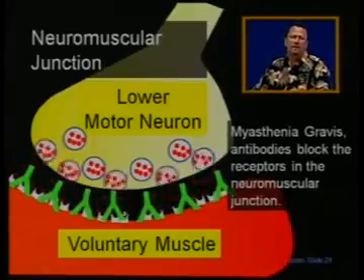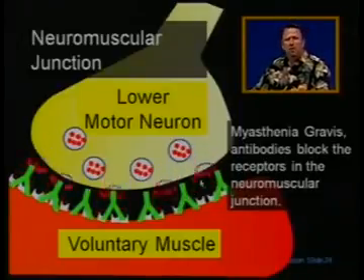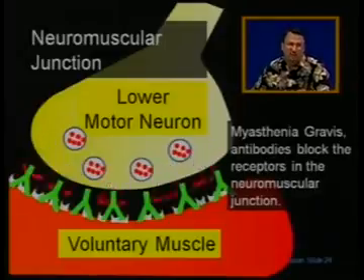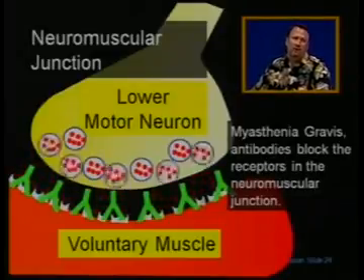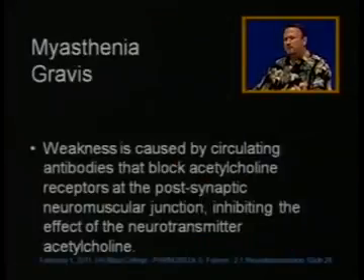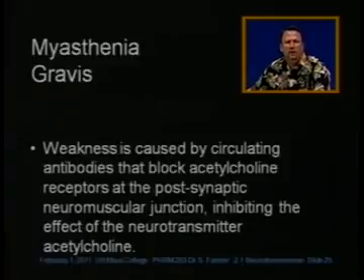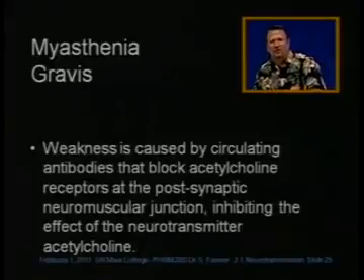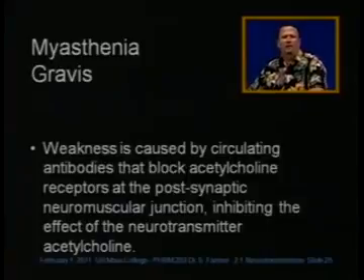We'll talk about that in immunology, and they block the nicotinic receptors, block the acetylcholine from getting to the receptors, and this is why myasthenia gravis causes weakness. And I think I said this: myasthenia gravis is weakness caused by circulating antibodies that block acetylcholine receptors at the postsynaptic neuromuscular junction, inhibiting the effect of the neurotransmitter acetylcholine. I liked the cartoon much better.